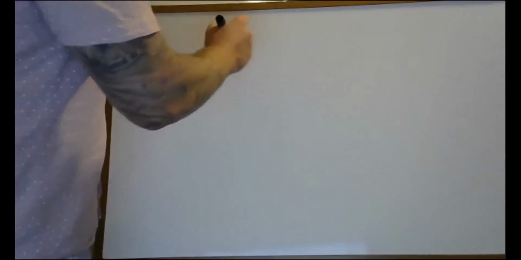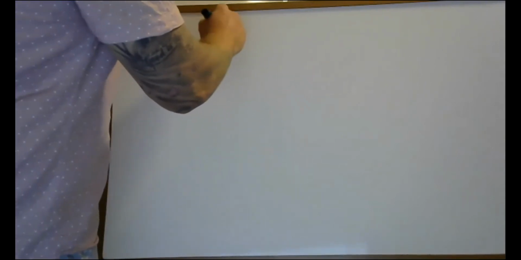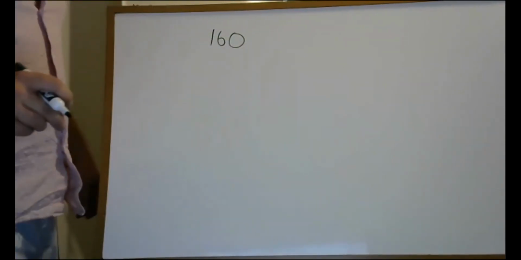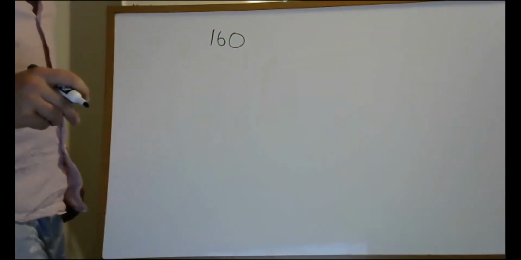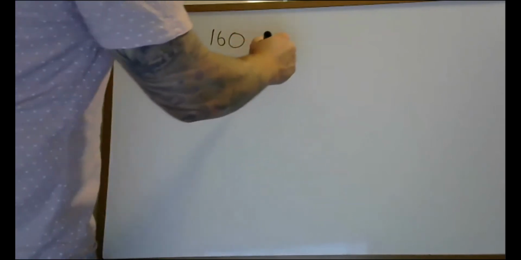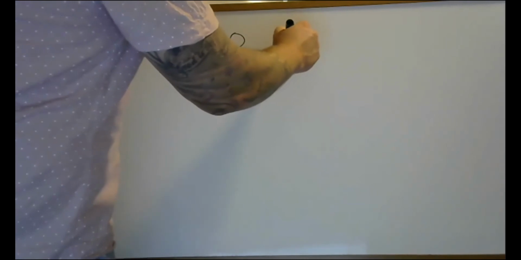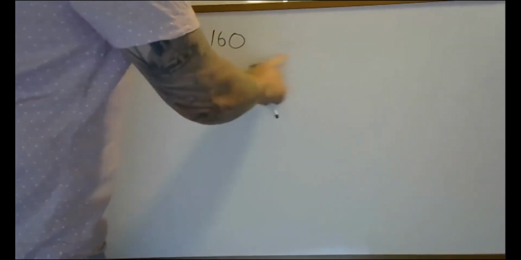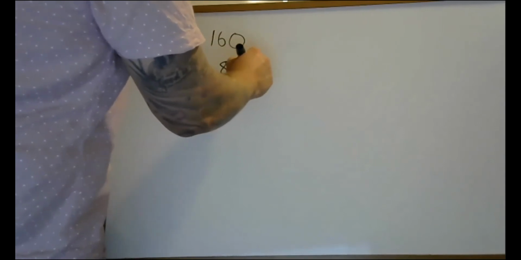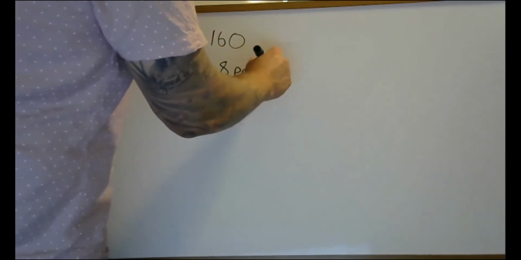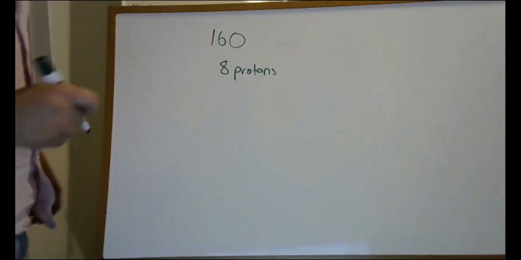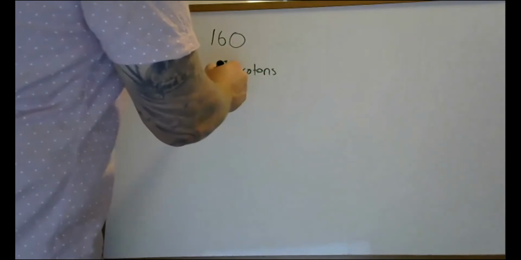So 16O has 8 protons, so regular oxygen: 8 protons, 8 neutrons.